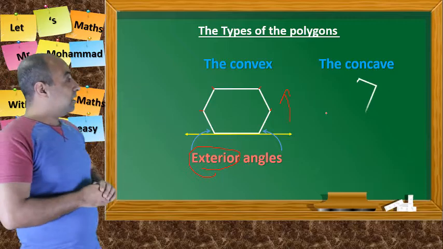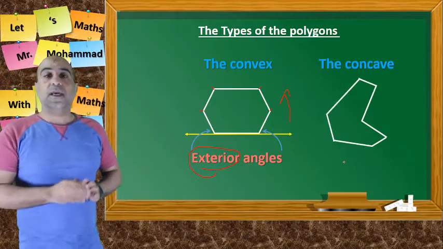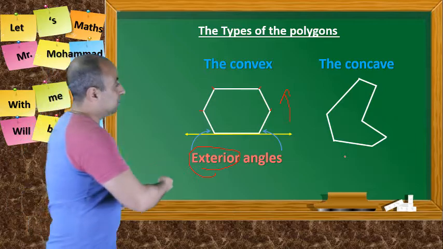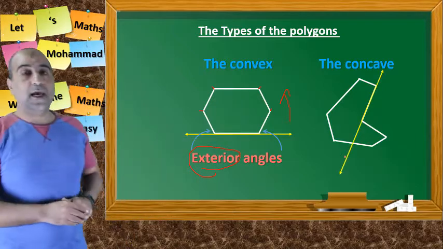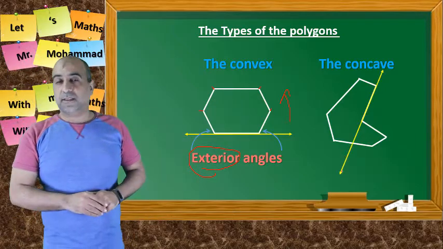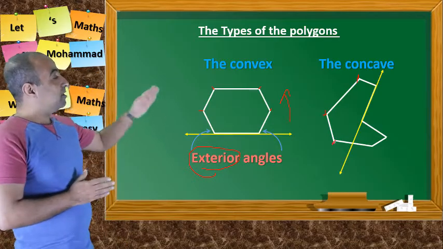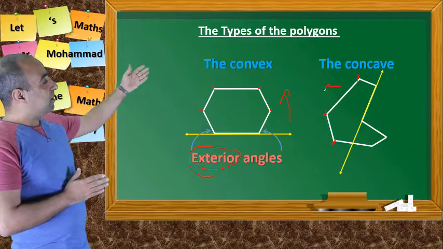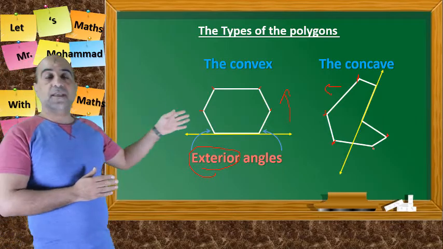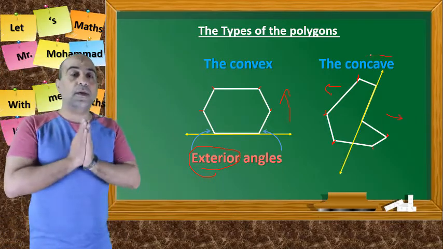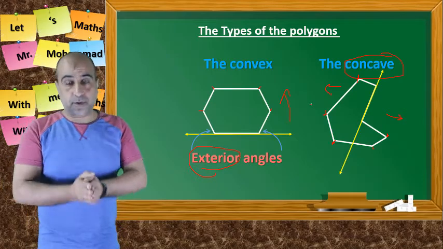But in the concave polygon, if we extend, for example, that side and make a straight line, notice that some of the other vertices are on this side and some are on the other side. Then we call it a concave polygon.